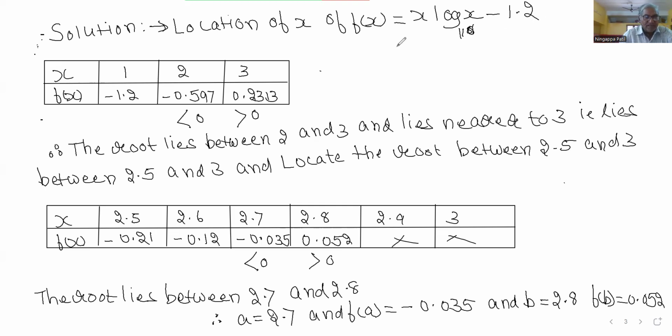Make a column like this, with x and f(x) columns. You already know the values at 2 and 3, but the examiner should not think that you brought these values from home. Therefore, you write 1, 2, 3.